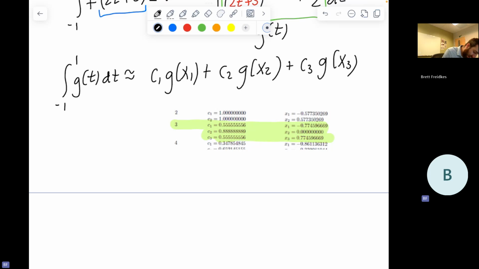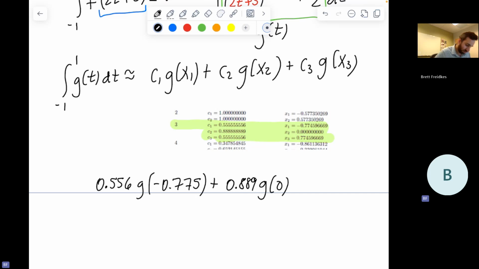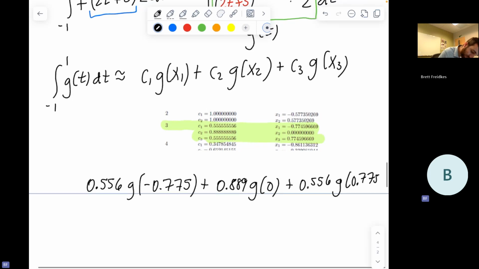So this is going to be approximated as C1, which is 0.556, I'll just round it for simplicity, times the function evaluated at negative 0.775, plus the width of the second rectangle times g, plugging in that x2 value, which is 0, plus 0.556 g of 0.775.